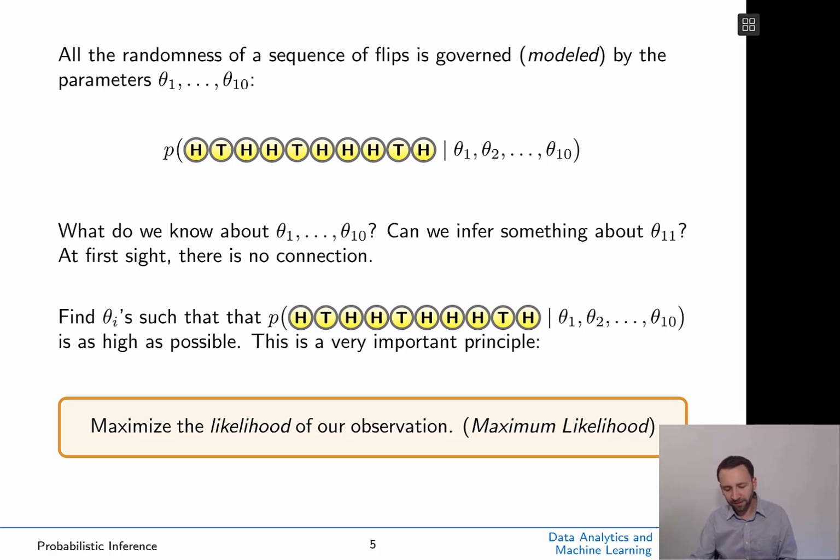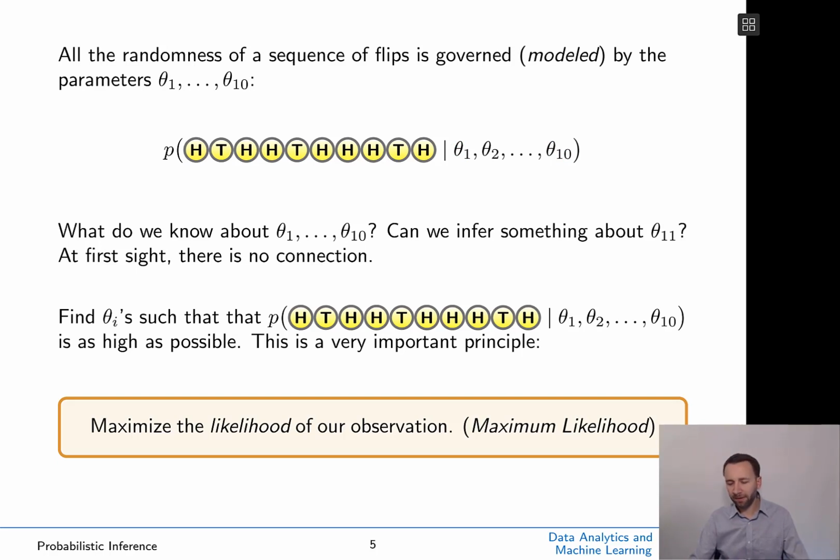And the question we are asking is: what is the probability of seeing this sequence given the parameters of our distributions? Since we had 10 different outcomes, we have 10 different Bernoulli distributions, so we have theta 1 up to theta 10.